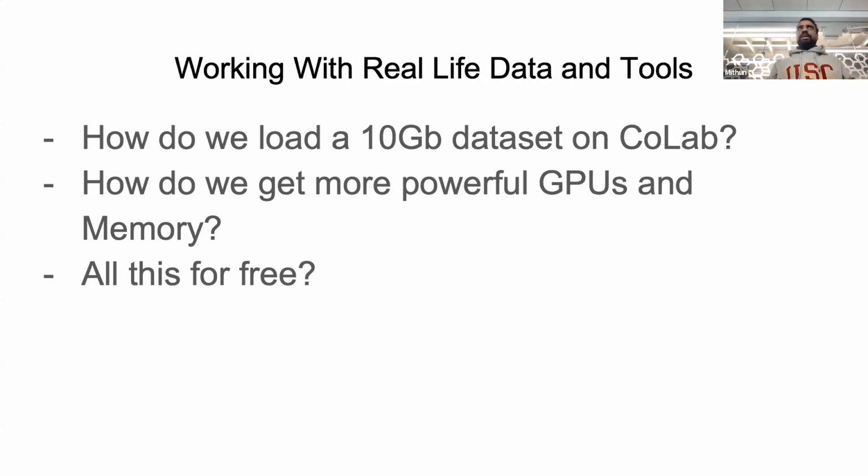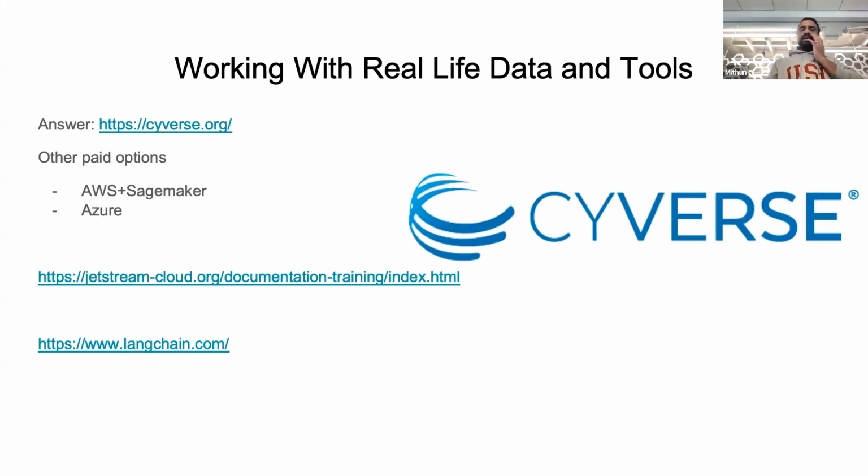HPC on campus gives you high performance computing, but that also means you have to push everything through a command line and you cannot debug it then and there. Hence we introduced you to CyVerse. The other paid options, if you are rich and can pay for it, are AWS and AWS SageMaker, Azure, or you can just Google any of the high performance computing clouds.